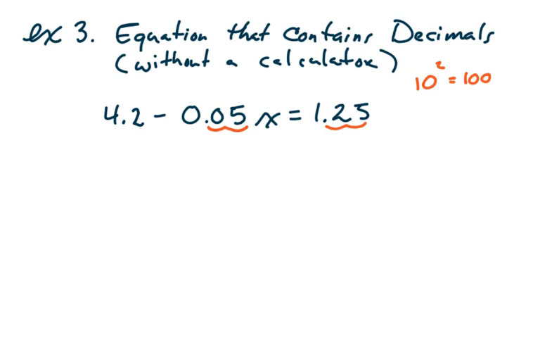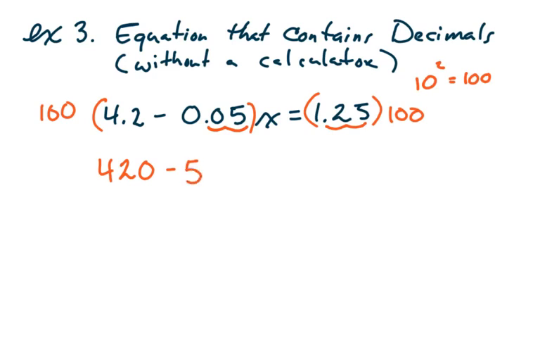That is going to make everything shift to the left of the decimal point. If I multiply both sides by 100, 4.2 times 100 is 420. 0.05 times 100 is 5x, sorry.